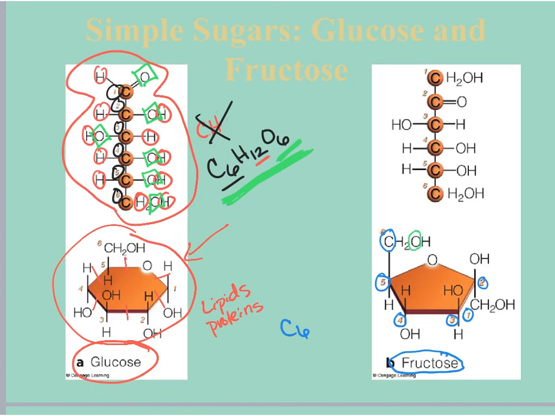And then let's go ahead and count the oxygens. We've got 1, 2, 3, 4, 5. Oh, sorry about that. That's a horrible color. I know better. And then let's count the hydrogens.